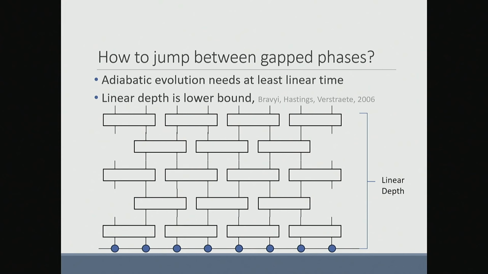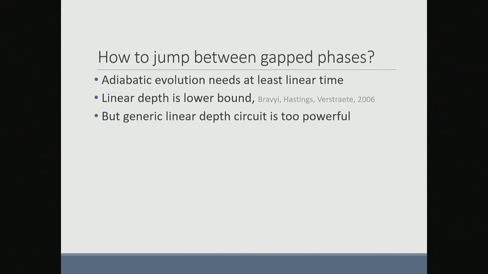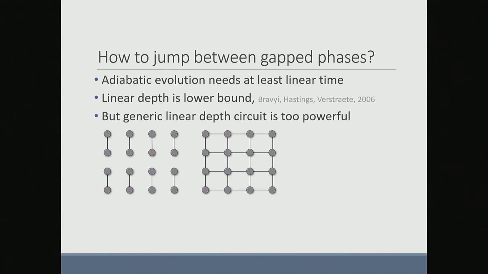So by linear depth circuit, I mean that you apply layers of unitary gates, and the number of layers goes linearly with the linear size of the system. And when I say that a linear depth circuit is more than sufficient, that's because a generic linear depth circuit is actually too powerful. Because if we have decoupled qubits and we apply one layer of circuit, we might entangle them pairwise into EPR pairs. And if we apply two layers of circuit, we might entangle everything but into a short-range entanglement pattern.